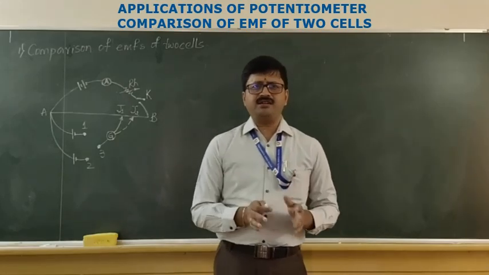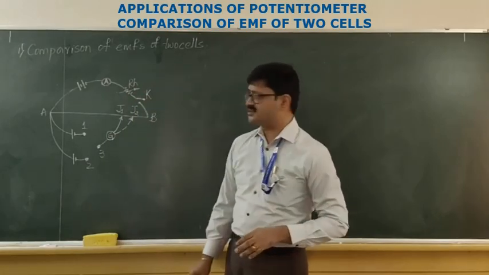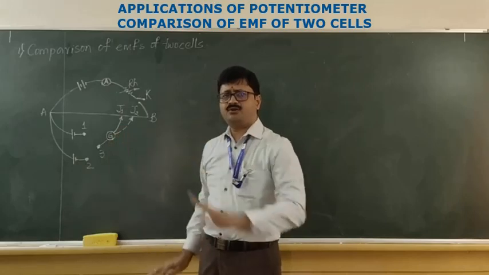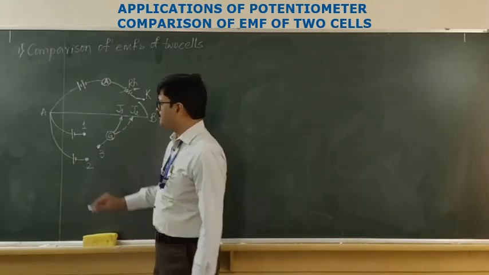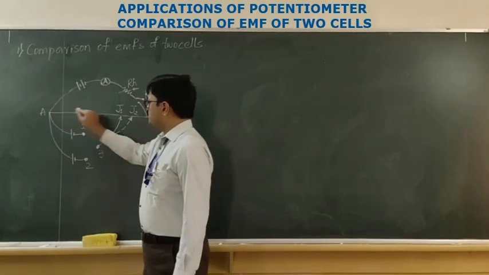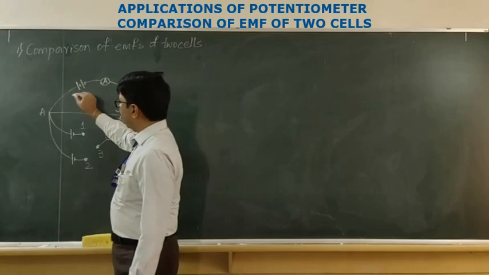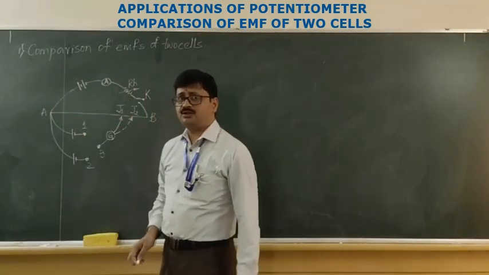In the first application, that is comparison of EMFs of 2 cells, this is the circuit schematic as I have drawn. In this schematic, you can see that potentiometer wire AB is considered, and we have the auxiliary circuit as I was explaining to you earlier.